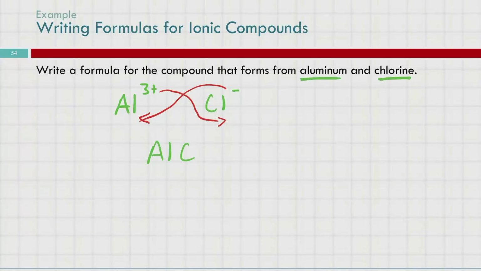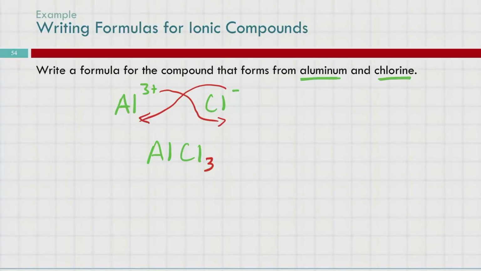So Al, Cl, and a subscript of 3. If you're good at the mental math of figuring out what you need to multiply them by to get them all to cancel out, and you don't want to crisscross them, awesome. You don't have to crisscross them. You can just mental math your way through it if you feel comfortable doing that. Okay, so we get AlCl3.